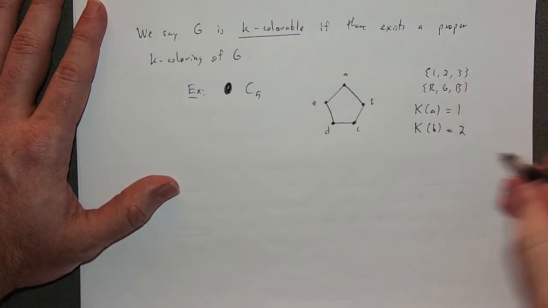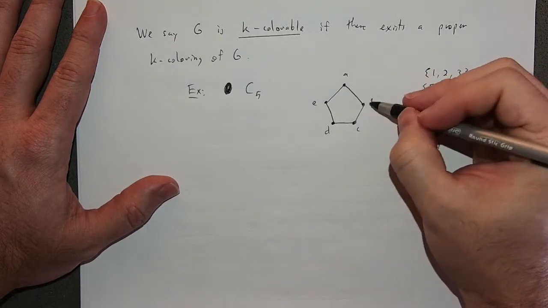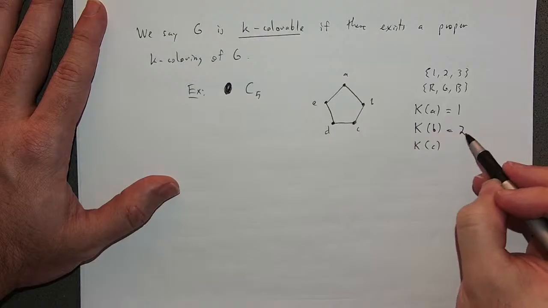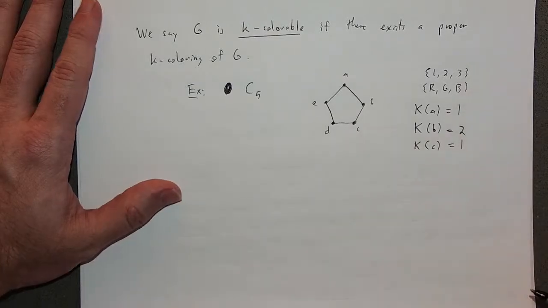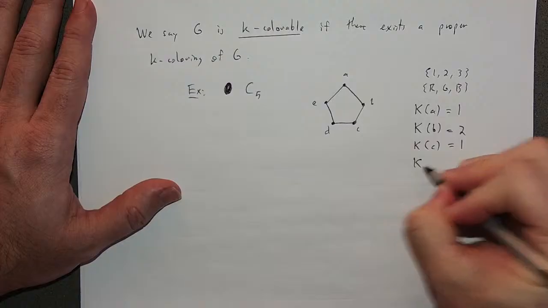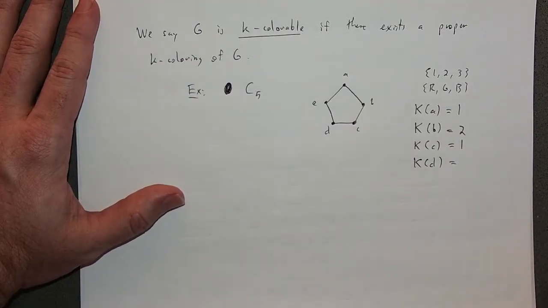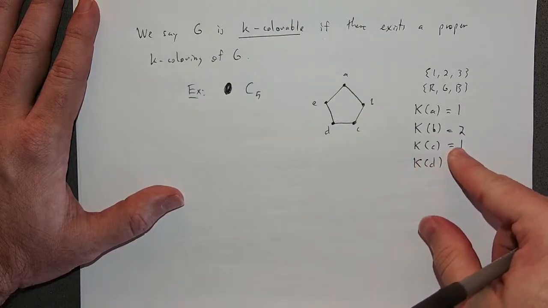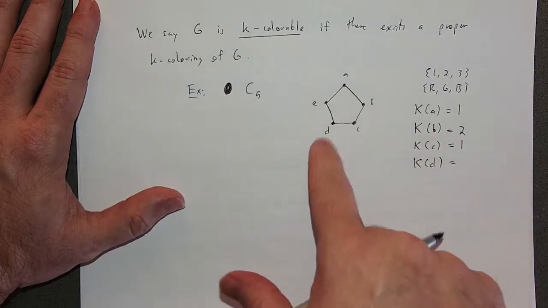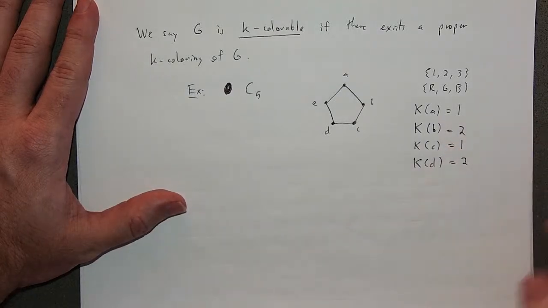We'll say, so green. K of C is not adjacent to A. It is adjacent to B, so it can't be 2. So I'm going to actually let it also be 1. That's fine. Now, D is not adjacent to A, but it's adjacent to C, which has the color 1. So I'll have it have the color 2 as well, since it's not adjacent to B.